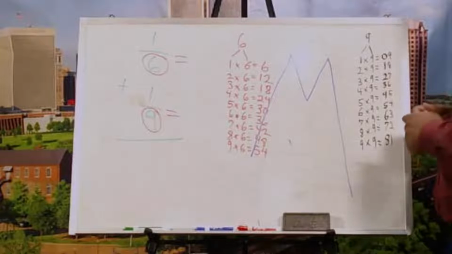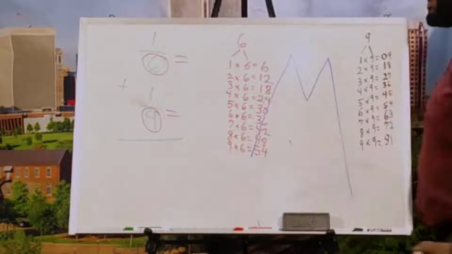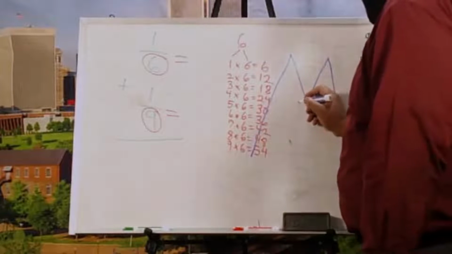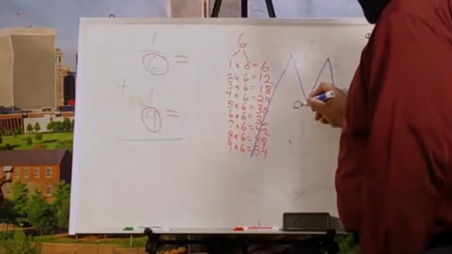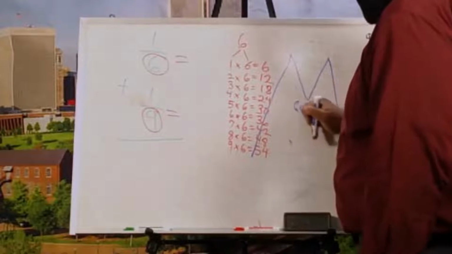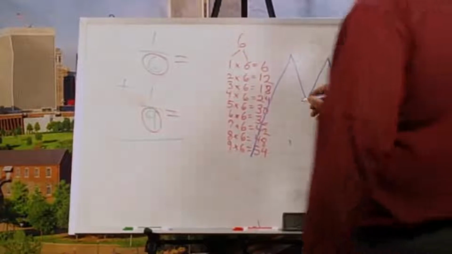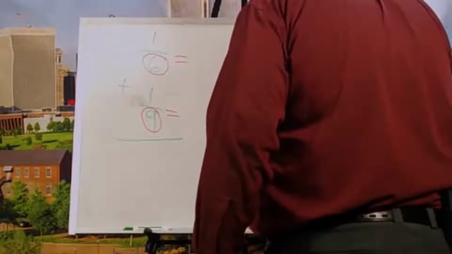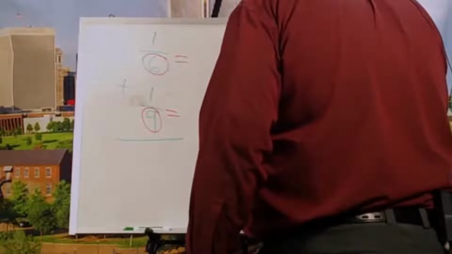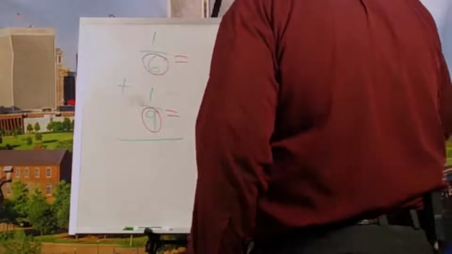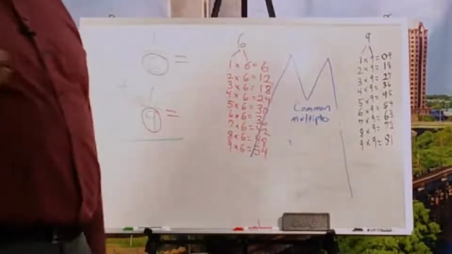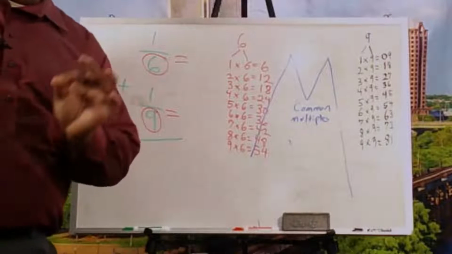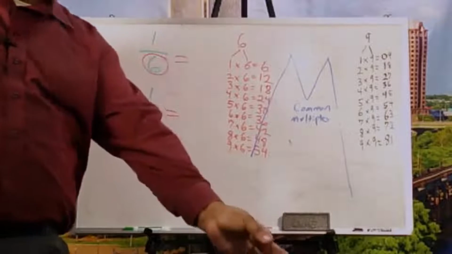All right. Now, what I'm doing now is I have to put here in the middle your common multiples. Common multiples, yes, because we just said in our little phrase or song, factor times a factor equals a multiple or product.